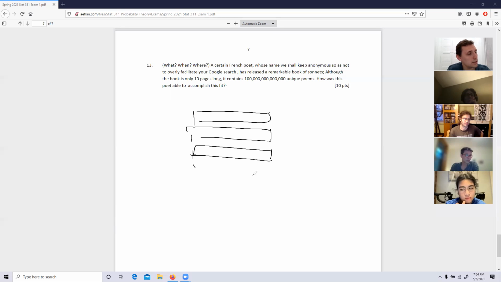So I think a sonnet has altogether 14 lines. Right, exactly. Altogether it has 14 lines, and we have 10 pages.